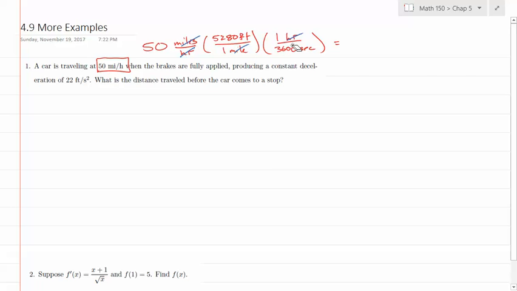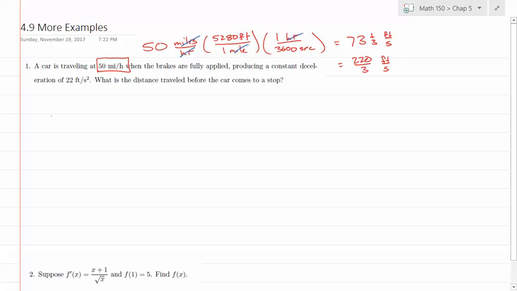So if you do 50 times 5280 divided by 3,600, I get 73 1/3 feet per second, which I'm going to just write as a fraction, so 220/3 feet per second. Okay, very important to have consistent units.